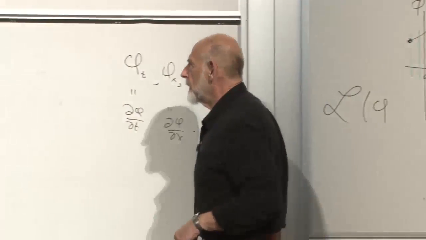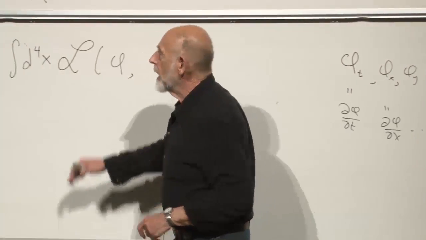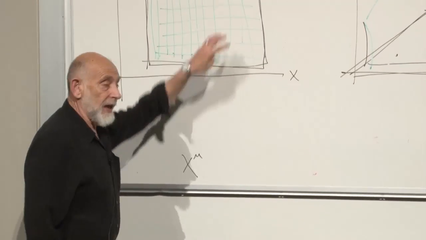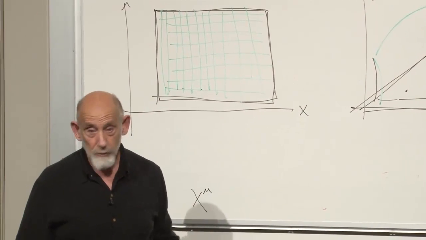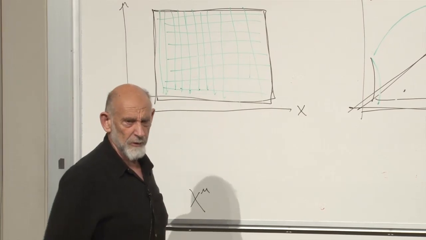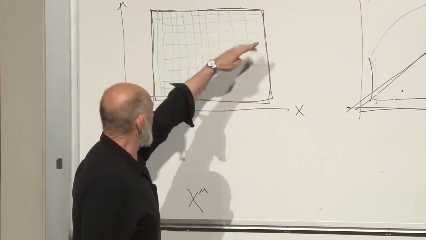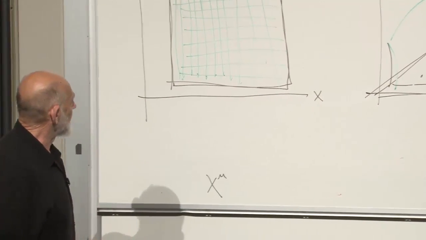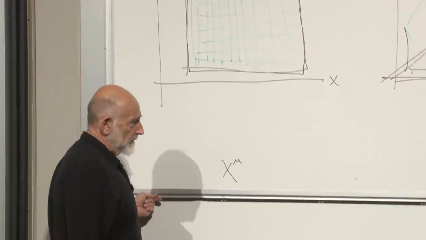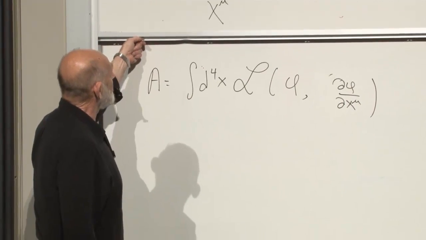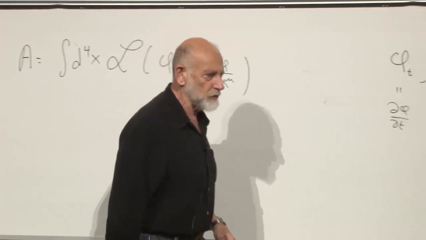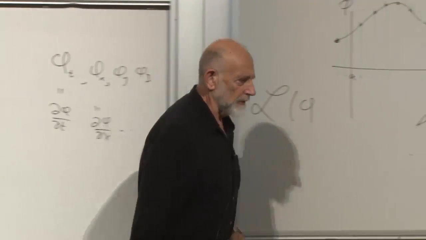And in the process, we would actually write this action as a function of the values of phi at each grid point. It would be a function of a lot of variables. How many of them? 10 this way and 8 this way. It would be 80 variables there. Something like that. A lot of variables. The finer we make the lattice, the more variables. But the action would just be a function of some collection of variables.